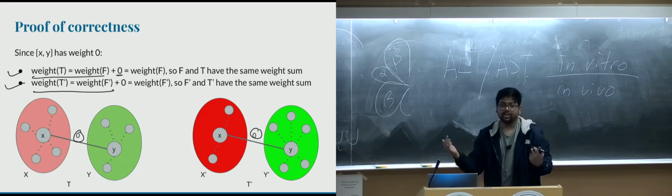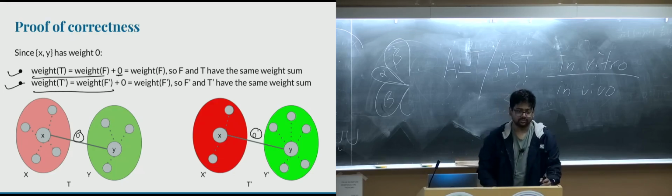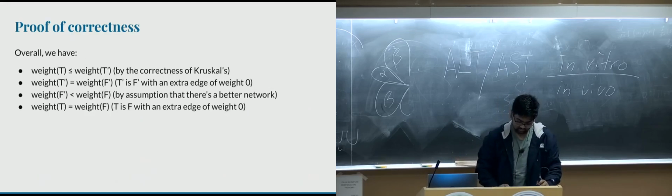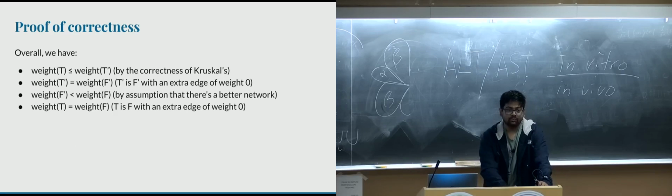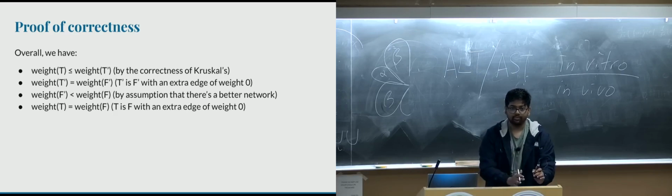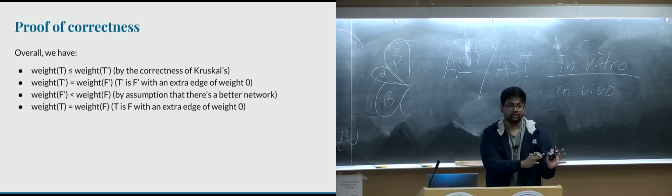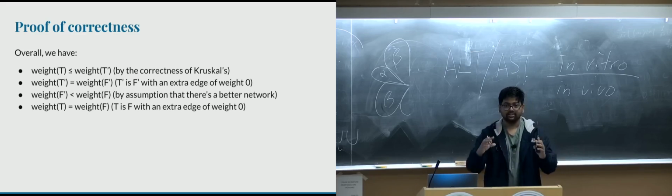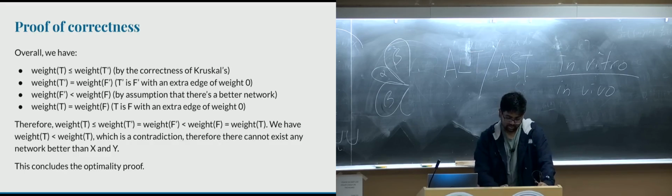Now we just have to put everything together and see if it makes sense, right? All the things that we just showed in the previous slides, we are just putting them together and seeing if it is still consistent. And it turns out it is not consistent. Why?